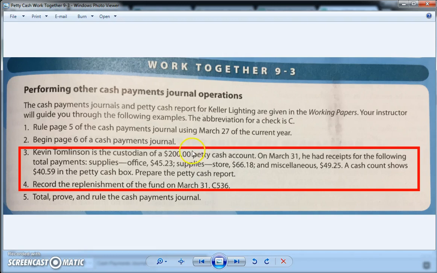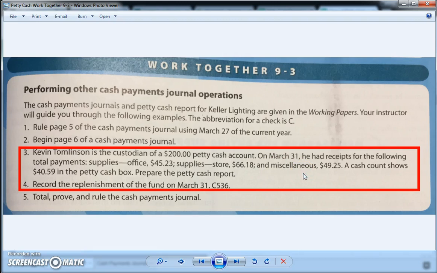So let's read a little bit here. It says, Kevin Tomlinson is the custodian of a $200 petty cash account. On March 31st, he had receipts for the following payments. So whenever he opened up the petty cash lockbox, or wherever this corporation keeps their money, he found receipts for the following things: supplies office, $45.23; supplies store, $66.18; and miscellaneous, $49.25.